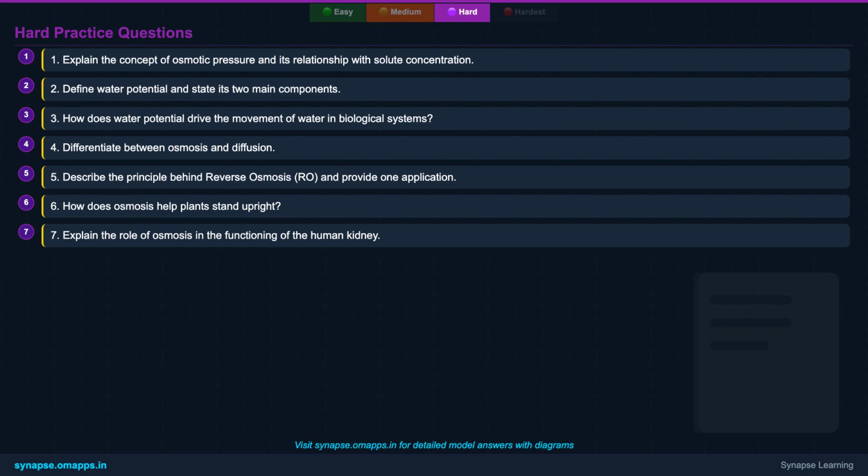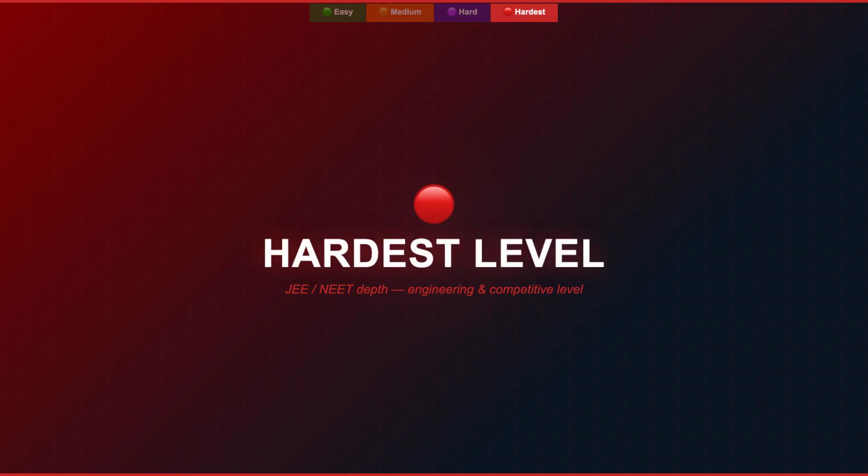Explain the working principle of reverse osmosis and give an example of its use. 6. How does osmosis contribute to the upright structure of plants? And 7. Describe the crucial role of osmosis in the human kidney's function. Good luck!